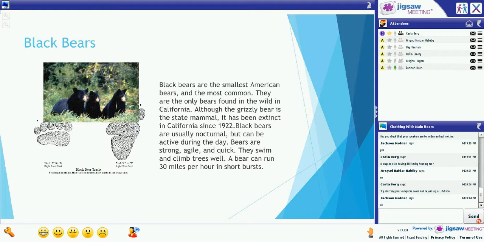Black bears are usually nocturnal, but can be active during the day. Bears are strong, agile, and quick. They swim and climb trees well. A bear can run 30 miles per hour in short bursts.